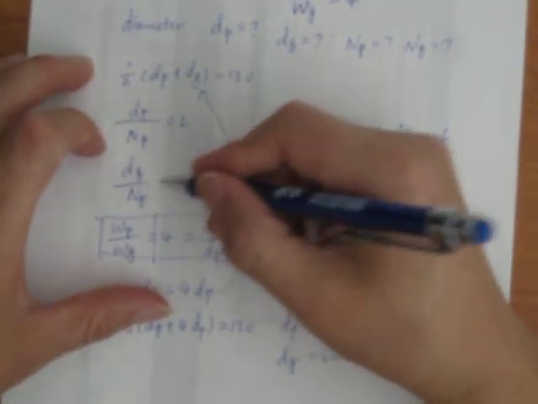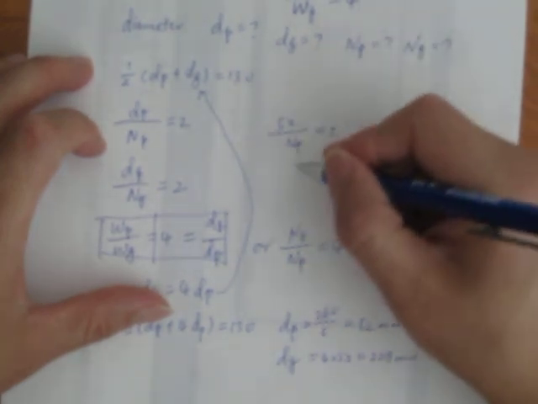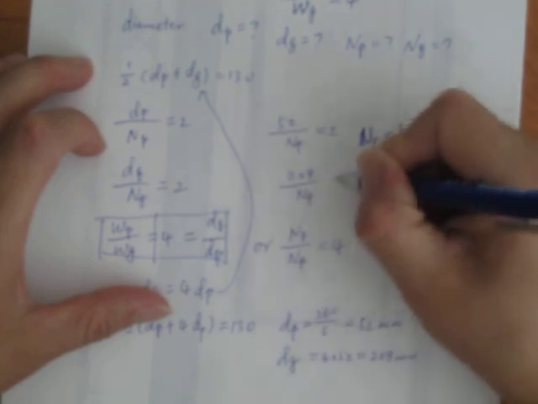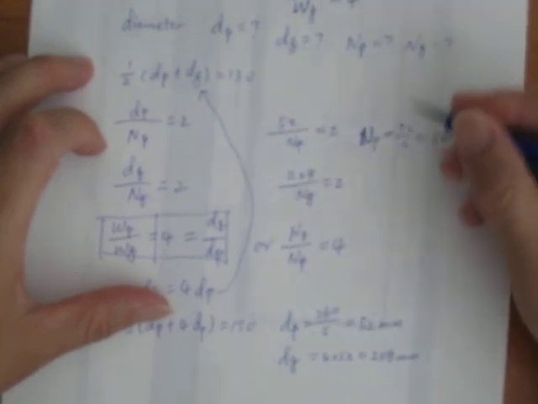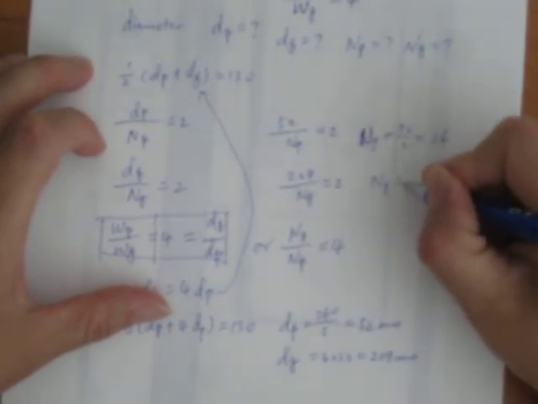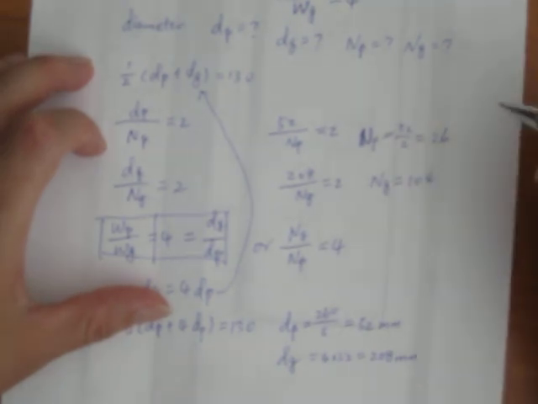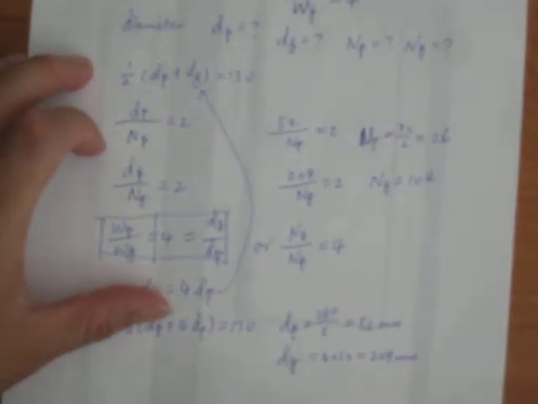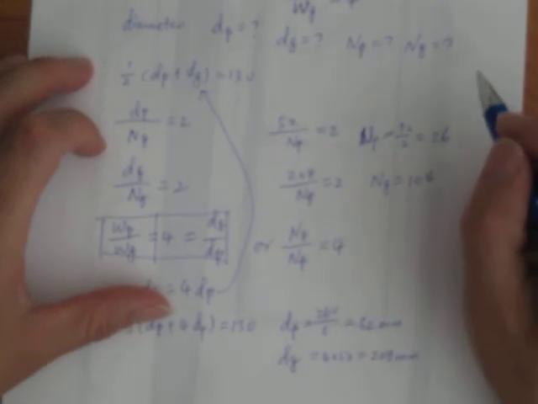The same thing you can do here. So 208 over NG is equal to 2. So NG is equal to 104. Is that right? 104. Yes. Okay, so problem solved.